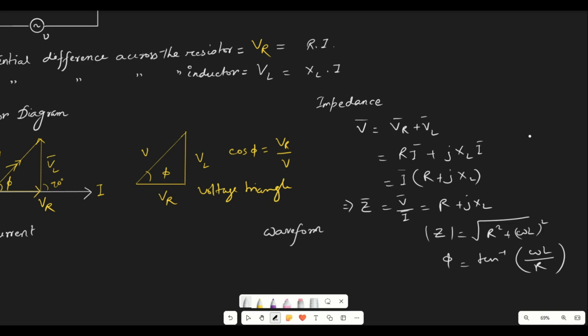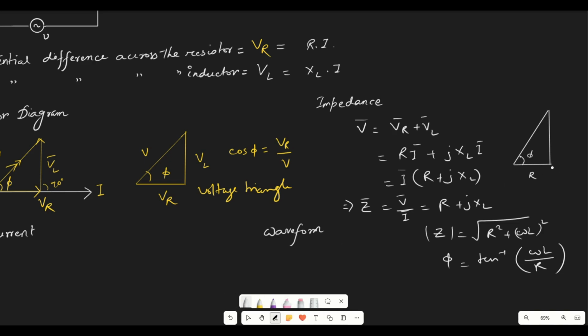Like the voltage triangle, we can also have the impedance triangle, and the triangles will be similar.